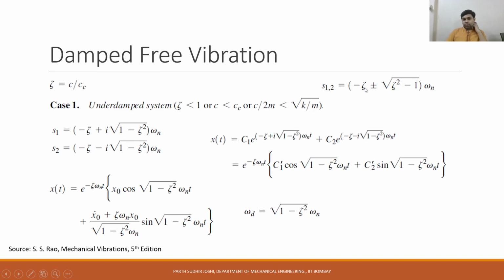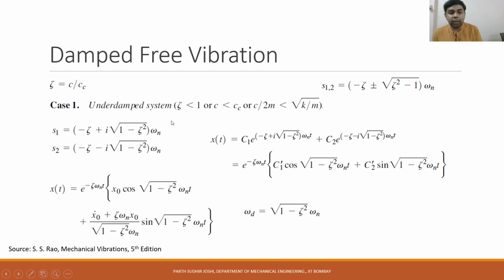If we write down S1 and S2 with root of zeta square minus 1, and zeta is less than 1, then the root of a negative number will be an imaginary number. So S1 and S2 are actually complex numbers in an underdamped system.